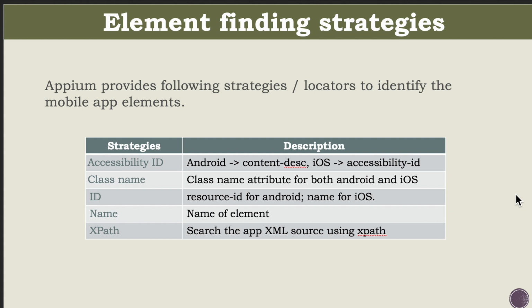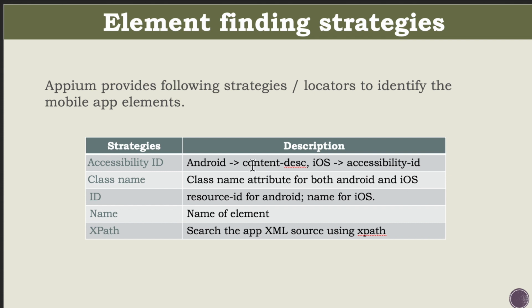But here we have Android-specific and iOS-specific elements, because Android and iOS normally use different frameworks or technologies to develop the application, so that is why we have segregated them. We have ID, name, class name, XPath. A few of the Selenium locators are common in Appium, because Appium is basically derived from Selenium, but Appium has its own element locator strategies.